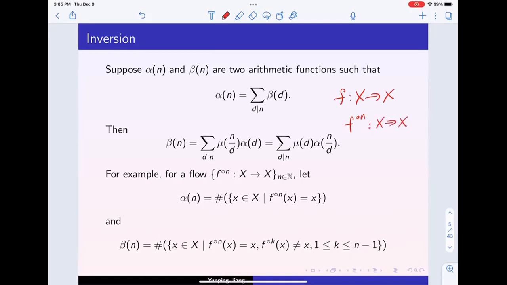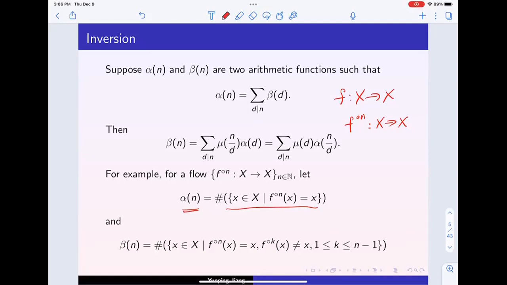You are interested in what the periodic points of period n are, and also what the fixed points of f to the n are. So here I write alpha n as the number of fixed points of f to the power n. That means all the points which, when you apply f n times, are fixed. Those numbers are easy to calculate.